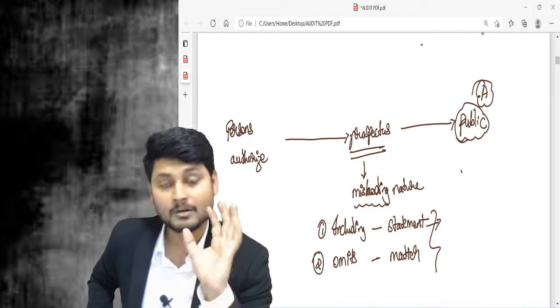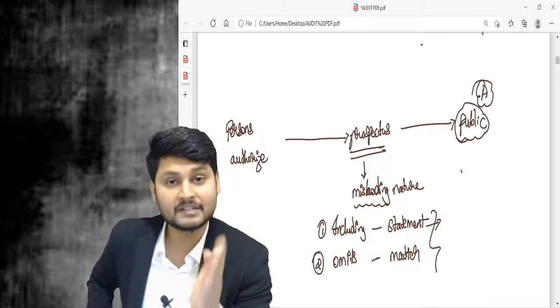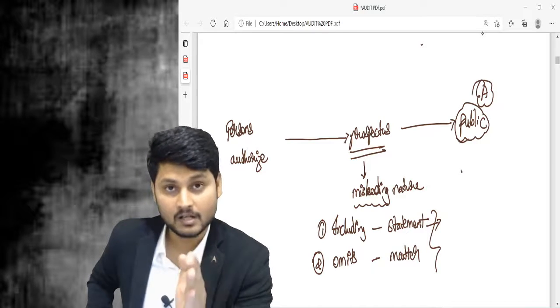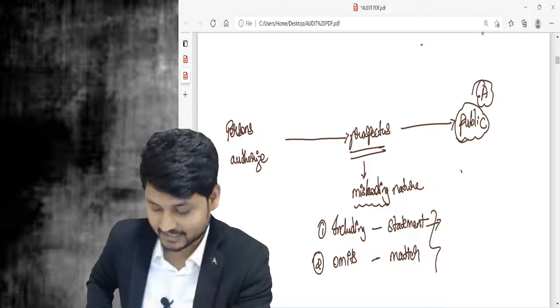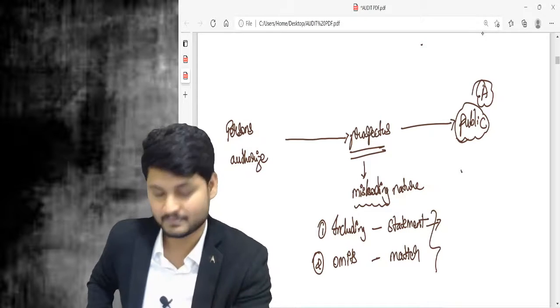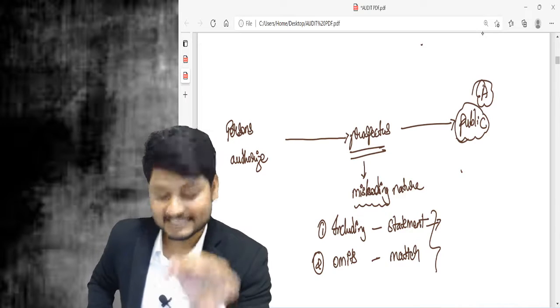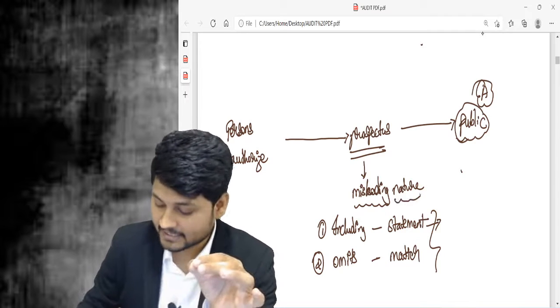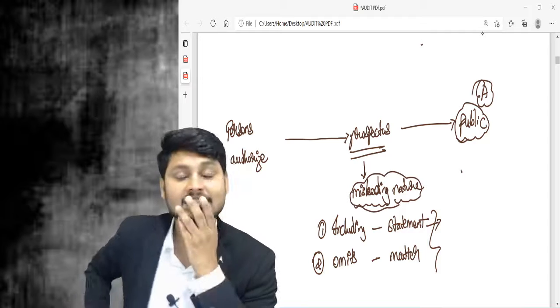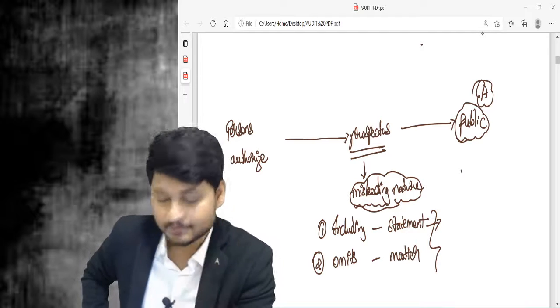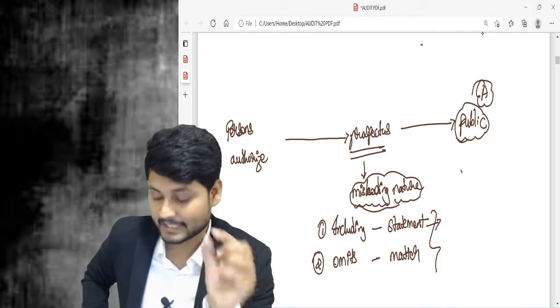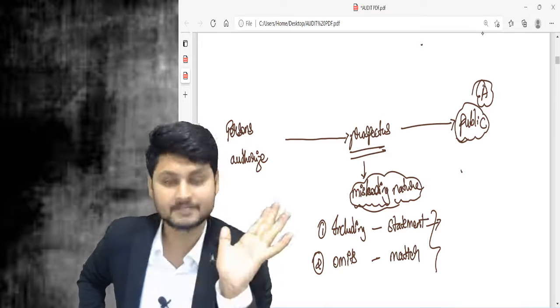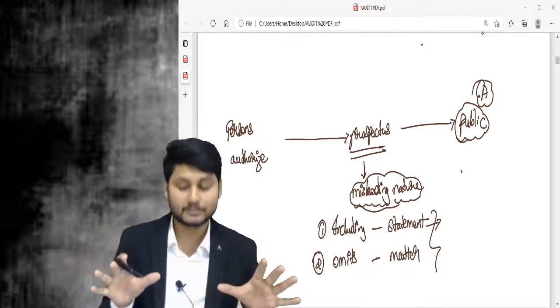Point number 1, it includes a statement which is wrong, or it does not have the matter which should be there in the prospectus. Both cases may be the reason for the misleading nature. And there is one person, Mr. A, who is an investor. He invested in the company depending upon this misleading nature. This is the situation we need to imagine.